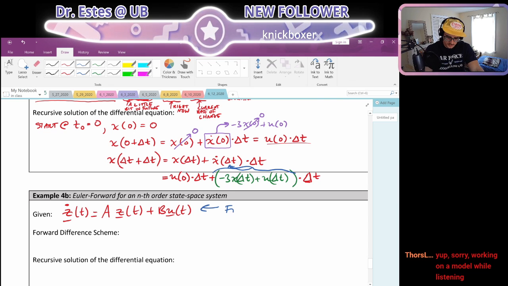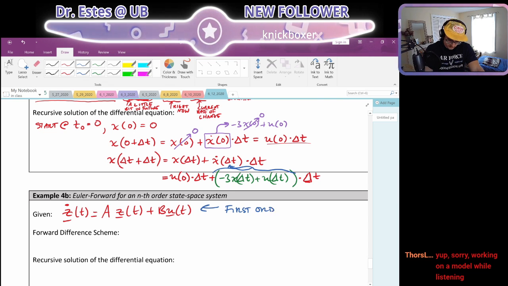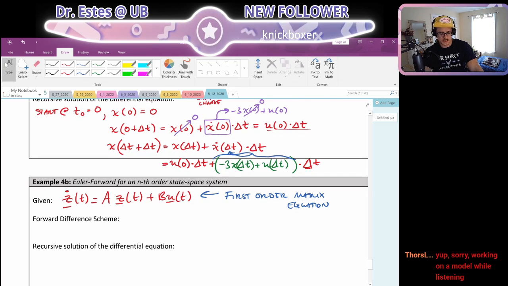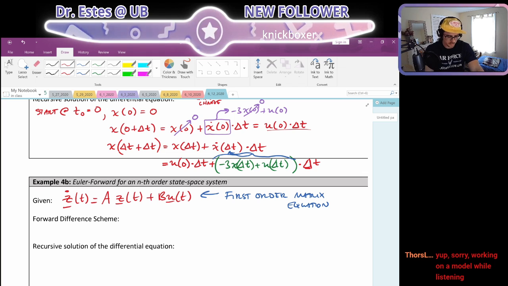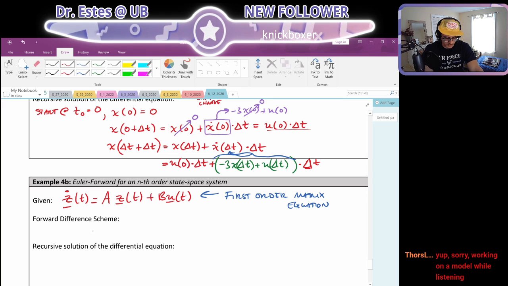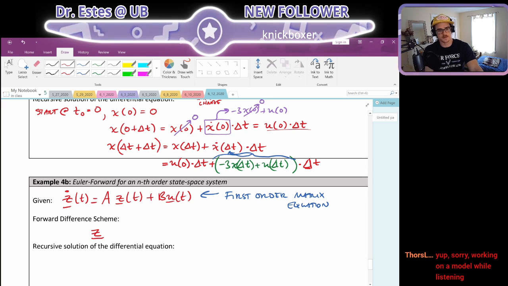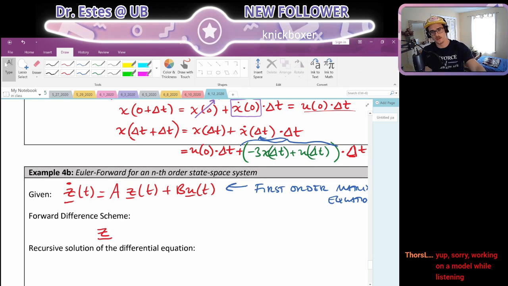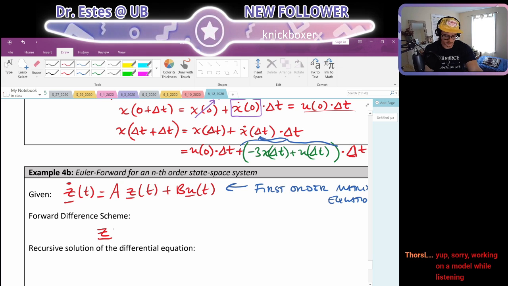So state space has a first order matrix equation. But this forward difference scheme still works, even for a matrix. So I can say like this vector, and it could be filled with 100 different state variables.